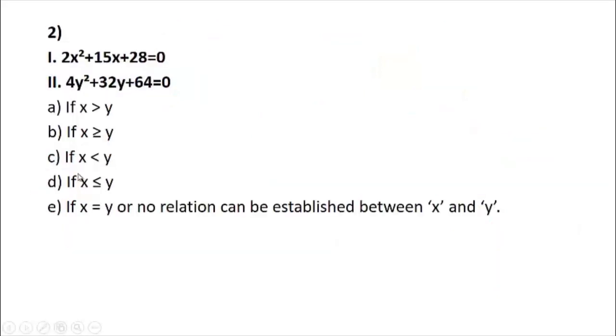Let us move on to the next question now. I recommend you pause the video and try to solve this problem on your own first. Let us take the first Roman number: 2x square plus 15x plus 28 is equal to 0. Take the sign of this, that is minus 15, multiply the 2 and 28, that is 56.